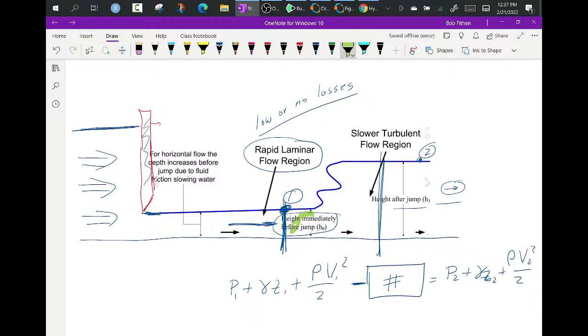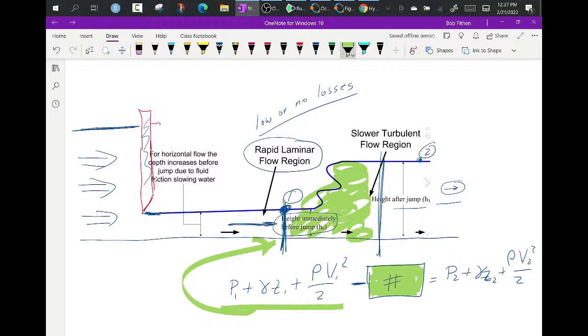So in this little region right in here, you're getting eddies and swirling and all sorts of things that are losing energy, or increasing this number, which is that number with the minus sign in front of it. It's taking energy away from the initial state to the state down here, or in this case, it goes right about right here.